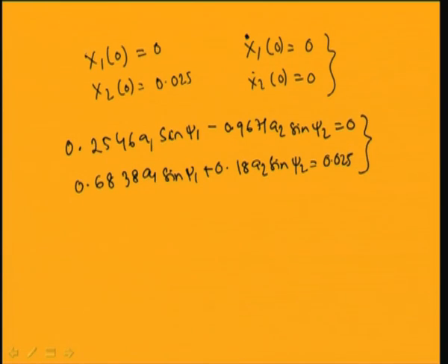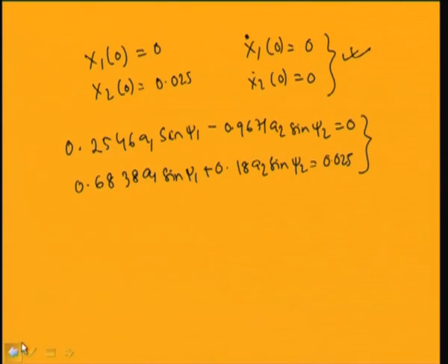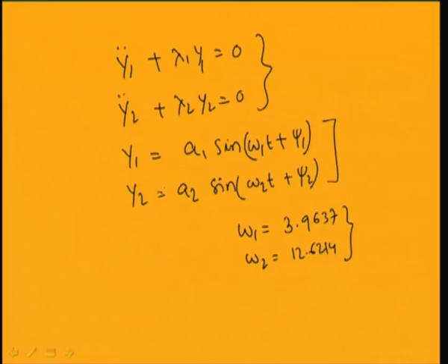So, before substituting the initial conditions x1 0 equal to 0, x2 0 equal to 0, one should find the expression for y1, y2 in terms of x1, x2. So, one can substitute x equal to P y, where P is the weighted modal matrix.